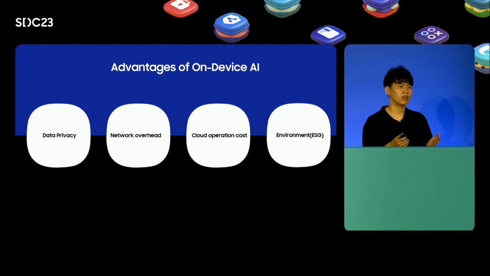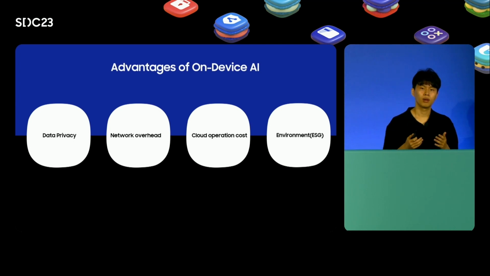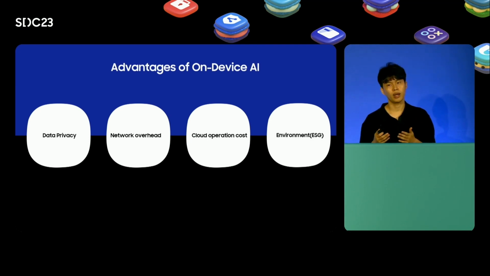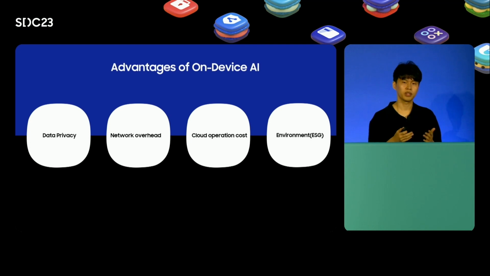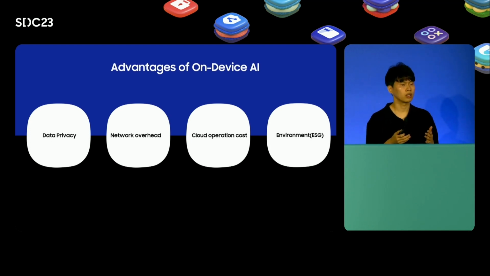If the user sends audio or text, it will be okay. However, if you send a video stream, the network overhead may be excessive. And besides, on-device AI even works when you don't have a network connection.